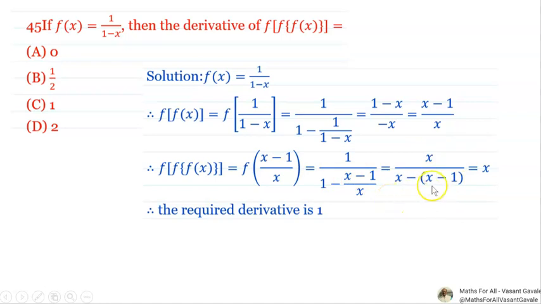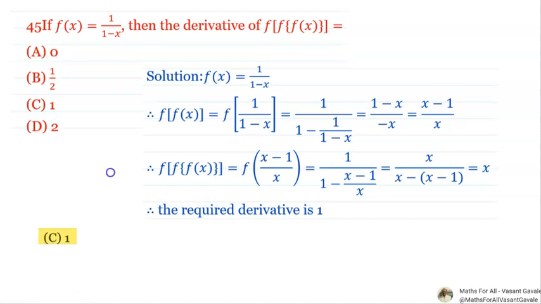You will get here plus 1 and hence f of x is equals to x and therefore the derivative of this x is a 1. आपल्याला त्याचं काय फाइंड आउट करायचं आहे the derivative find out करायचा and derivative of x is 1 and hence the option C is the correct one.